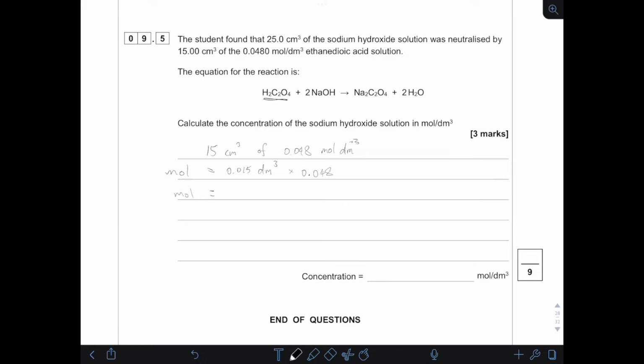Let's see, 0.015 times 0.048 gives me 7.2 times 10 to the minus 4.